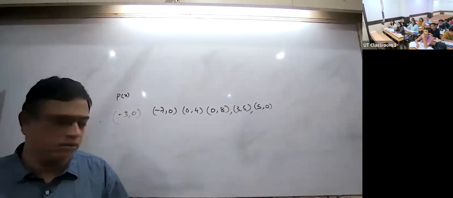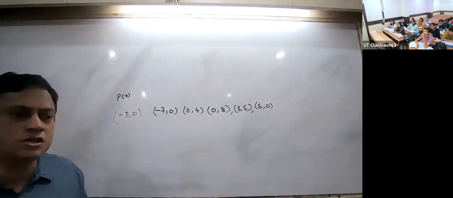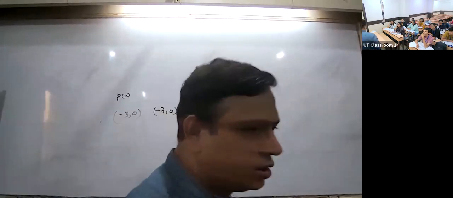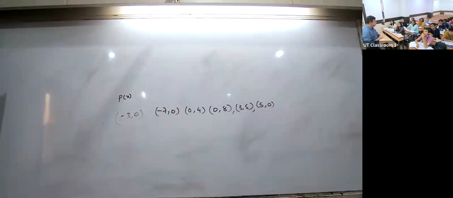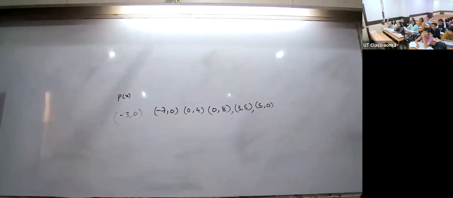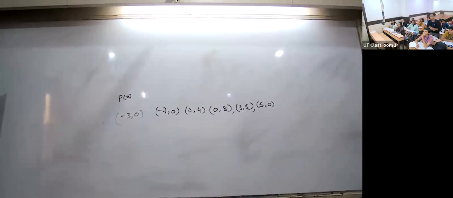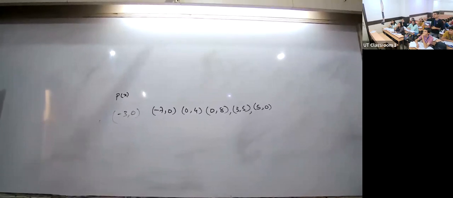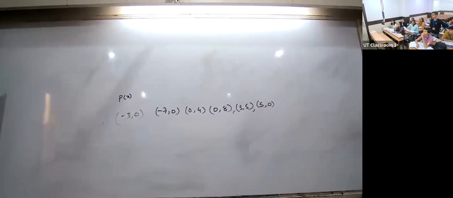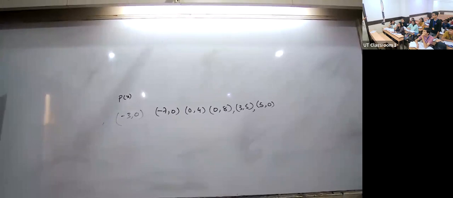Question 1. How many solutions are there for this? How many zeros are there for this polynomial? Raise your hand, those who know. Yes, two zeros. Which are the two zeros? 0,4 and 0,8. All of you have the same answer?